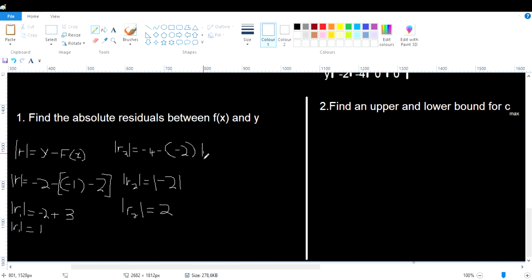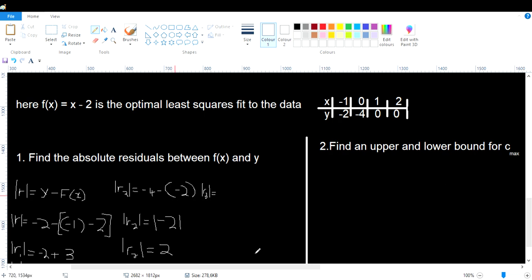Residual 3. It's 0, then here we're going to substitute this 1, so it's 1 minus 2.